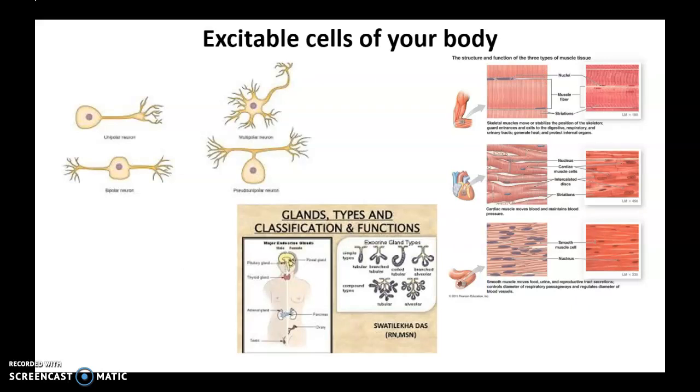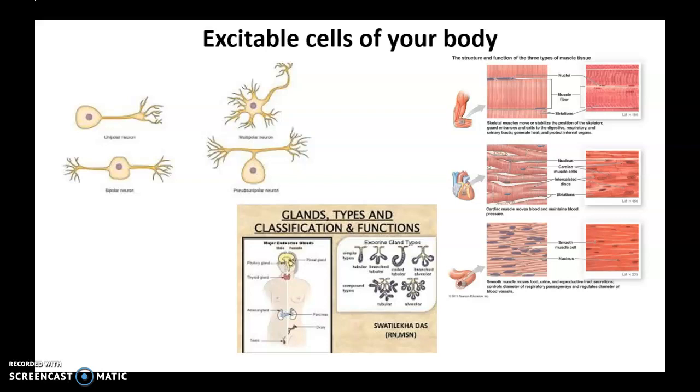All right. Now the question is, we understand that in all cells of your body, inside is more negative as compared to outside. However, can all cells of your body change the polarity?